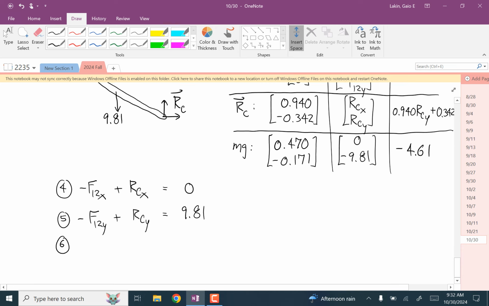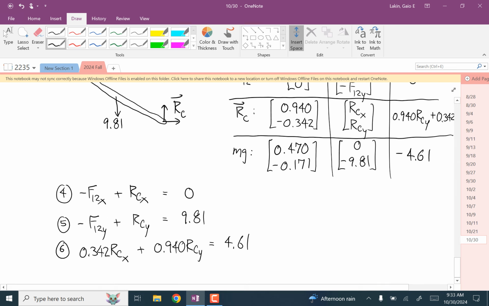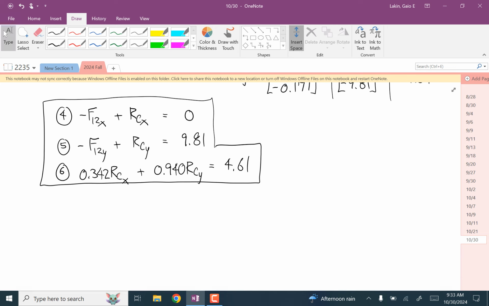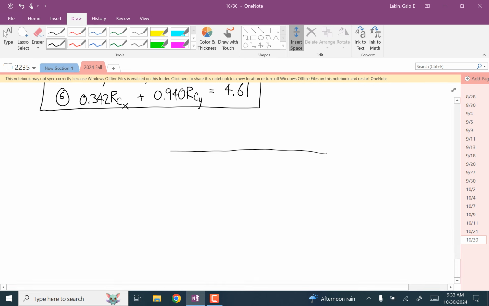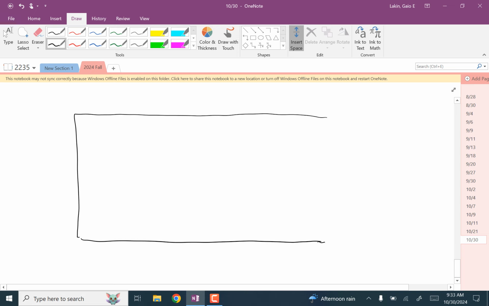And equation 6 says 0.342 RCX plus 0.940 RCY is equal to 4.61. Okay, so we don't want to solve this by substitution, so here's the augmented matrix. We have 6 variables and 6 equations.